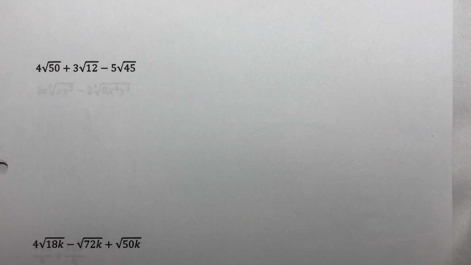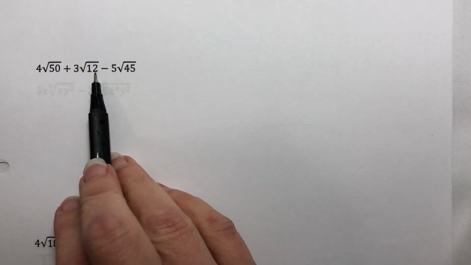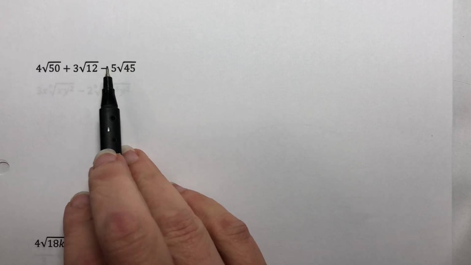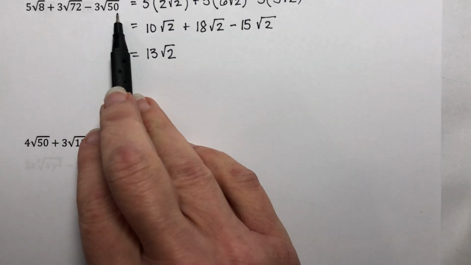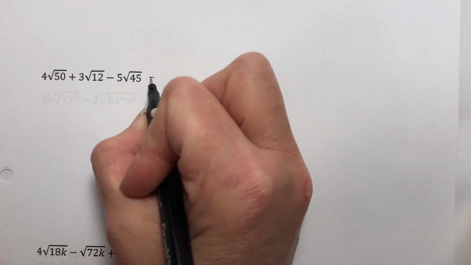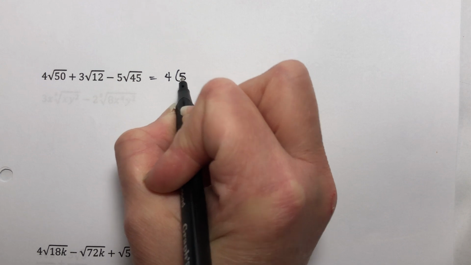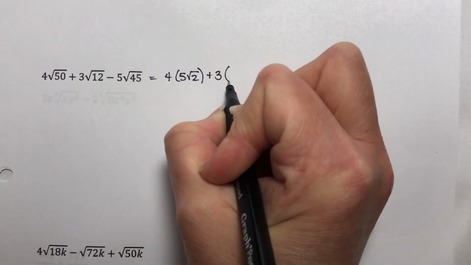Okay, so let's do 4 times the square root of 50 plus 3 times the square root of 12 minus 5 times the square root of 45. Well, we just did the square root of 50. We just figured it out right here. It's 5 times the square root of 2. So this is 4 times 5 square root 2 plus 3 times.